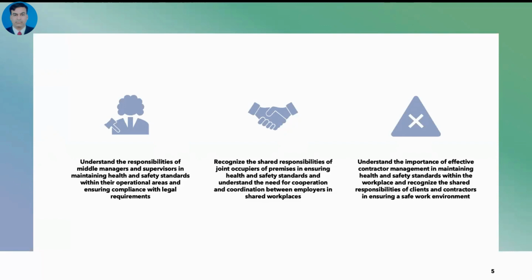Number seven, understand the importance of effective contractor management in maintaining health and safety standards within the workplace and recognize the shared responsibilities of clients and contractors in ensuring a safe work.